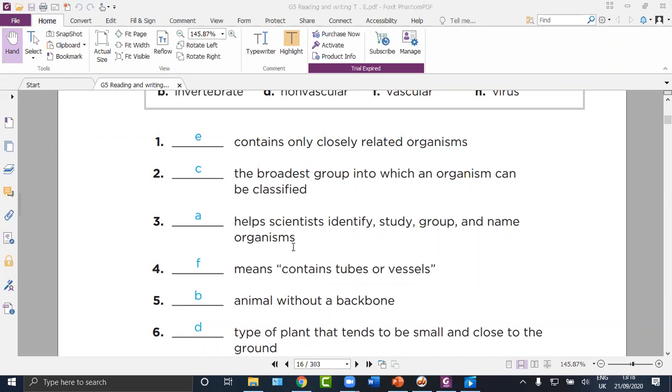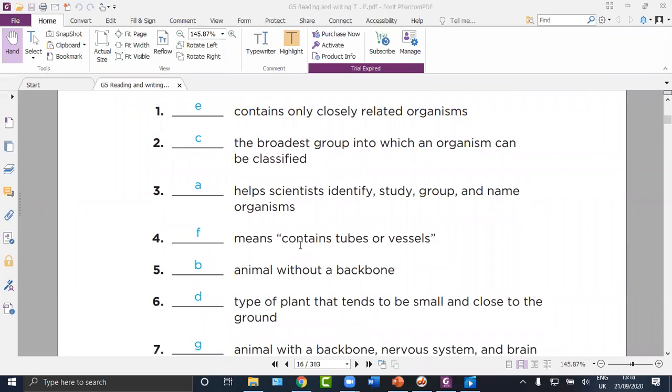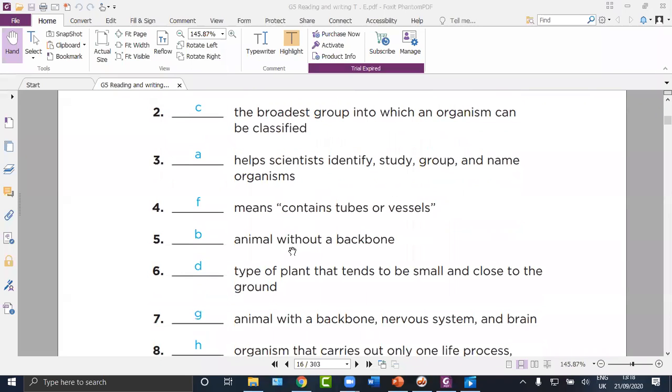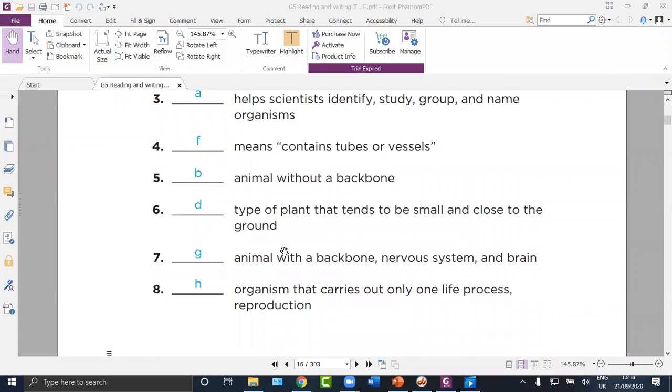Number 1 A, number 2 C, number 3 A, number 4, 5. So easy. You can do the matching.